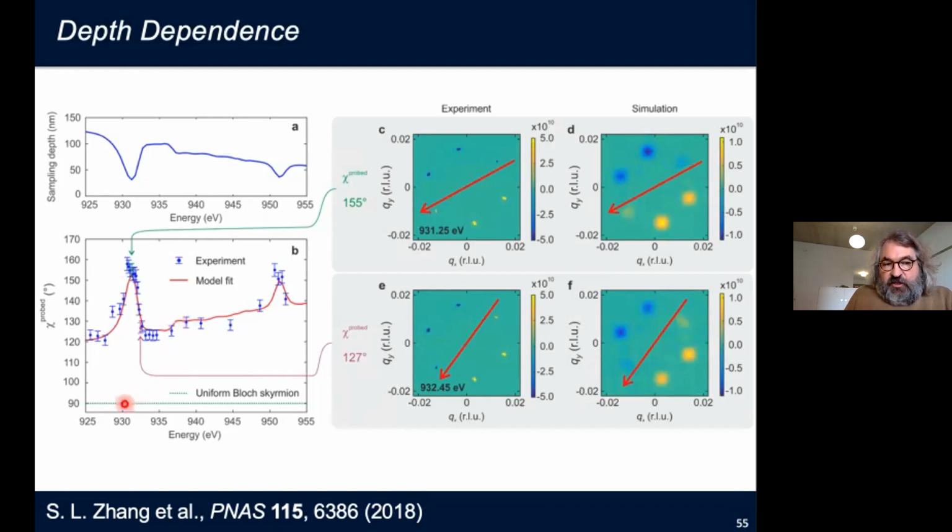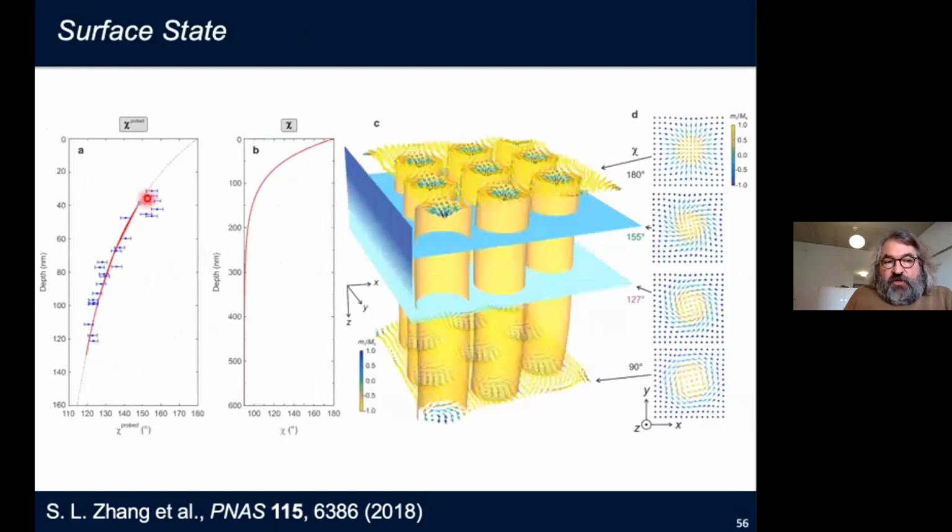The interesting thing to note is that none of the angles are actually 90 degrees, but the uniform Bloch skyrmion would be down here. That's what you would expect. But we measure a different value, and it's closer to 180 degrees at resonance, and it's closer to 90 by a bit off resonance. Okay, so if we do this plot of the probed chi over the sampling depth, we have a behavior like this.